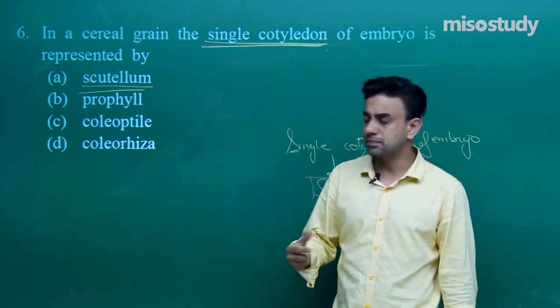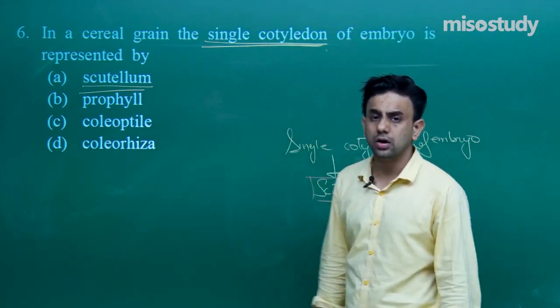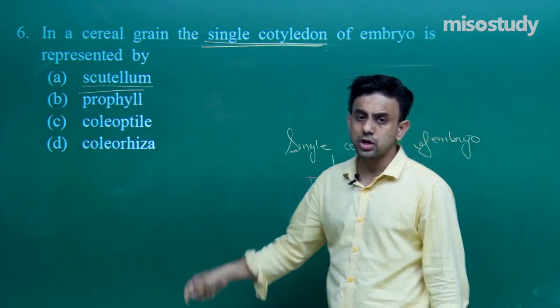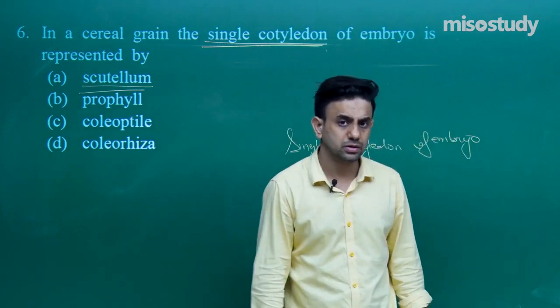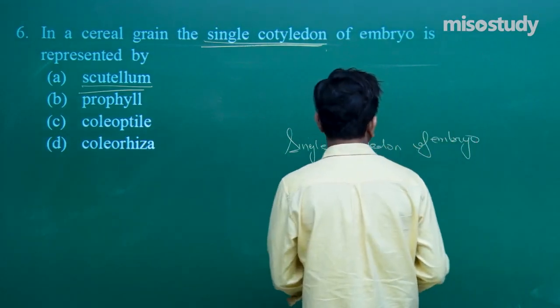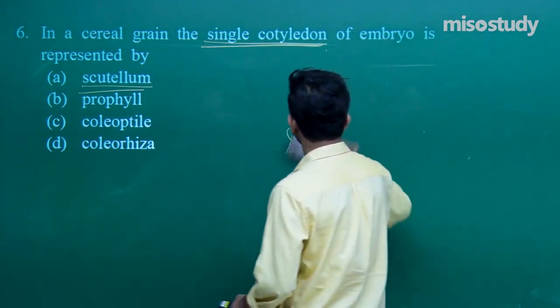Coleorhiza is the protective part of the radicle. So, friends, we will just continue after a short break from the next question.